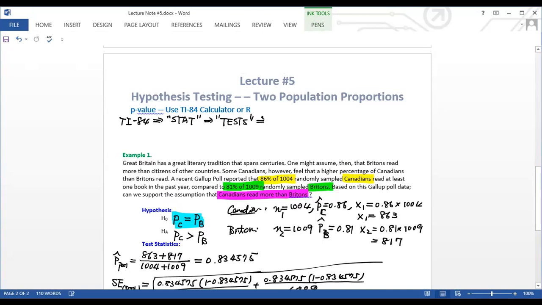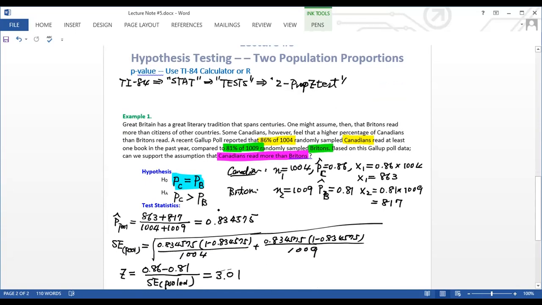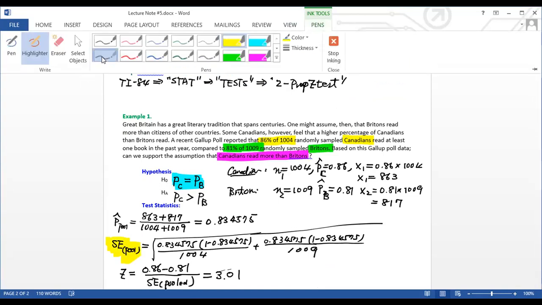After you go to the test, the next thing you need to do is go to the two proportion z-test. Then you just need to input, and you don't need to do all this calculation. Especially the SE is very long, so you will not make mistakes with it.